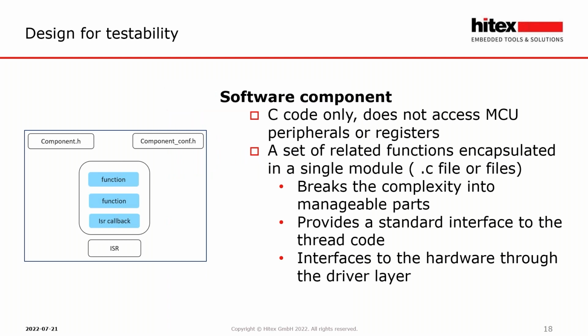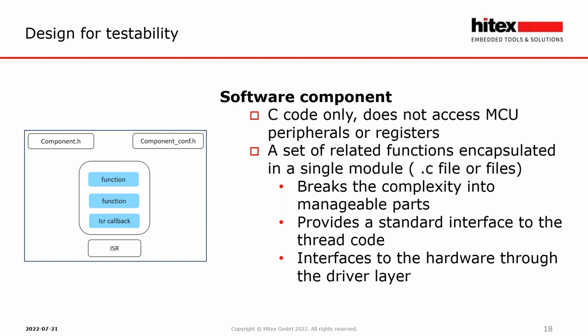Now, when we are looking at developing software tests for our code, it's also important to structure our C code so that it is easy to test. So generally, this will very often mean developing code in a layered approach, where we develop sections of our code as software components.